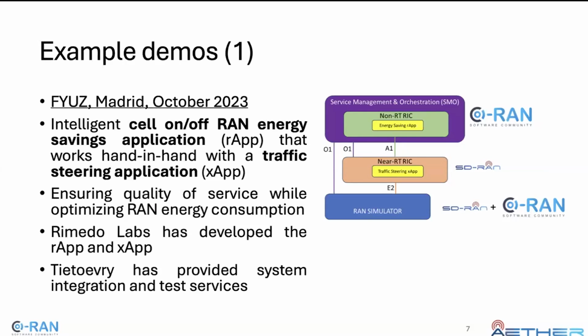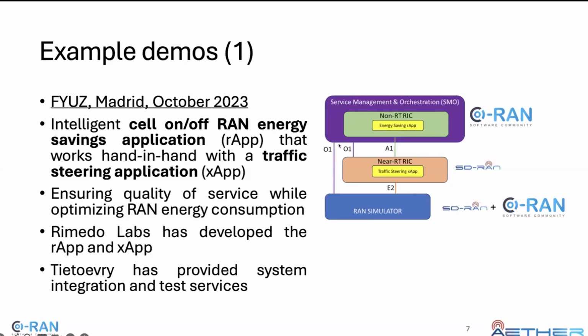One was in FuSe in Madrid last October, where we used the SMO and non-real-time RIC frameworks from the O-RAN Software Community, the near-real-time RIC from the SD-RAN project, and a RAN simulator. It was a combination from SD-RAN, RAN sim, and also the O-RAN Software Community simulations project.